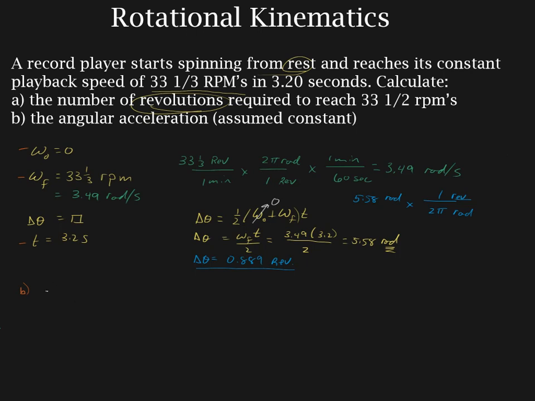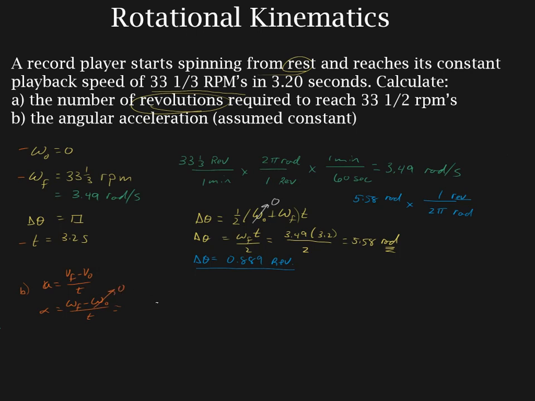So we know from translation that a is equal to v final minus v initial over t. So if we put this in terms of our angular variables, we would say that alpha is equal to omega final minus omega initial divided by t.